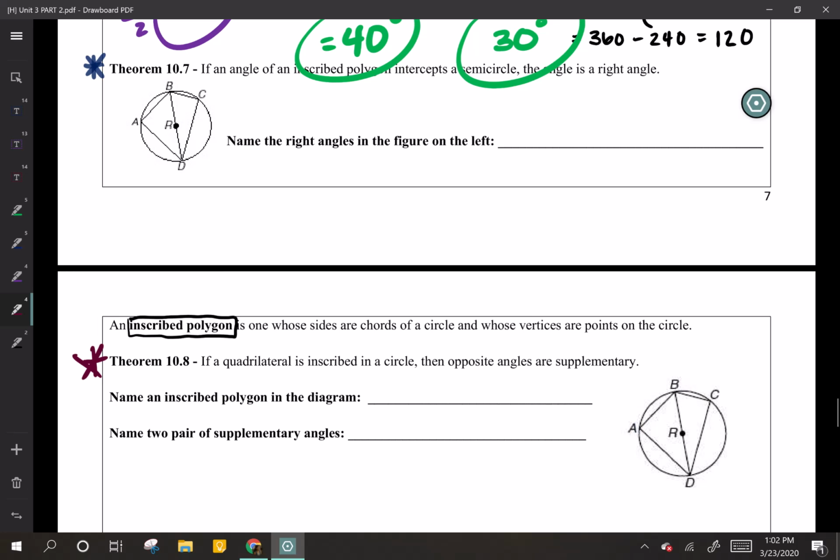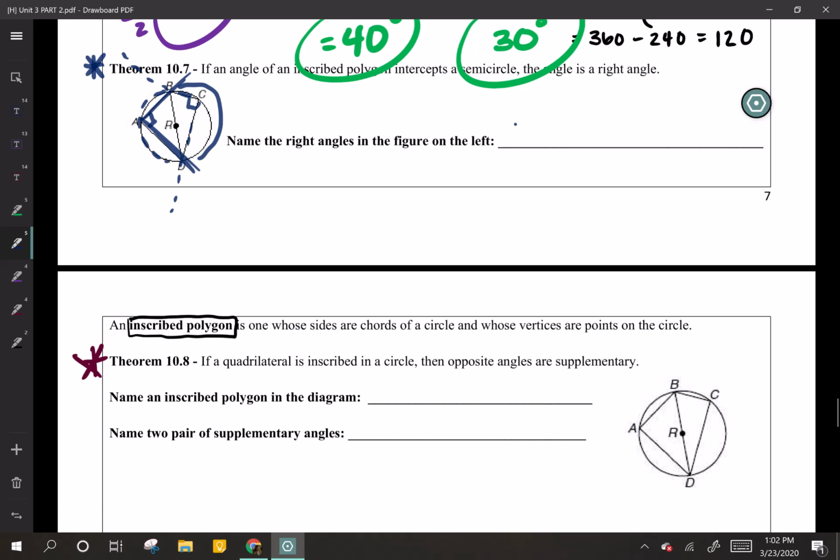So it says name the right angles in the figure on the left. According to Theorem 10.7, I could say angle A is a right angle and angle C is a right angle. I know that because if you look at angle A, this angle intercepts this semicircle right here, so that half of the circle, and this angle, angle C, over here, intercepts this semicircle over here.